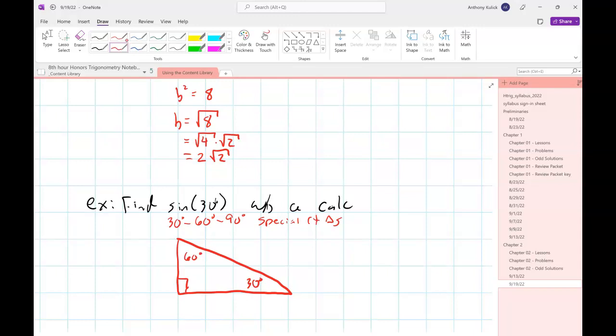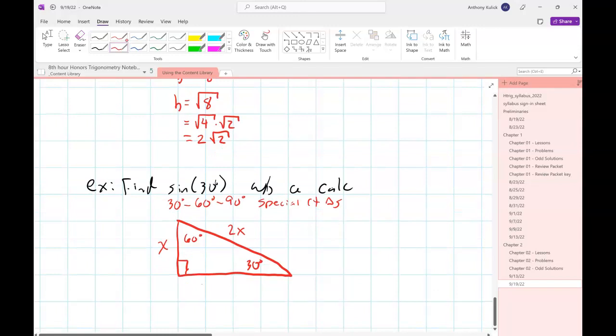What are the ratios of side lengths for a 30, 60, 90 special right triangle, Chanel? So 2 is the hypotenuse, 1 is the short side, and then the one with root 3.